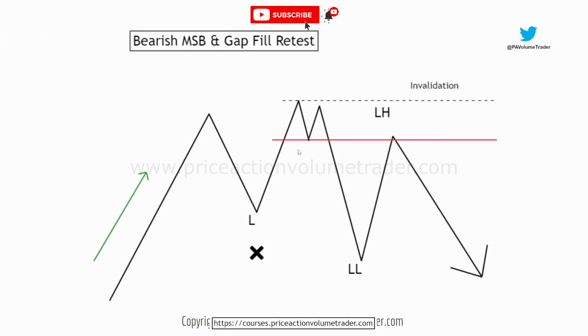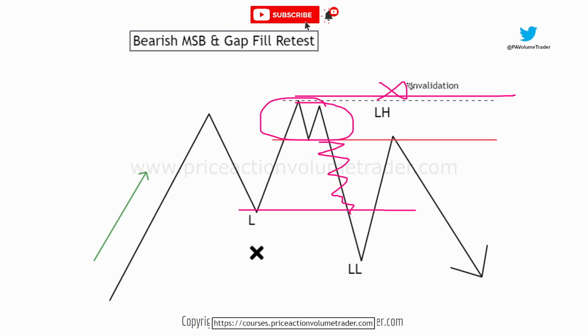Second, a bearish market structure break and a gap fill retest, meaning we have a deeper pullback into the broken swing, coming to the last cluster in our trading time frame, filling it in, and then we have a clear invalidation just behind our supply area.